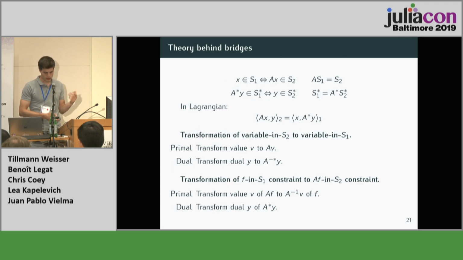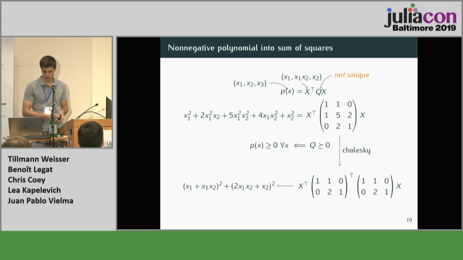Okay, so how do we define this? We'd like to define this sum of squares decomposition. Basically, we want to know if some polynomial is a sum of squares, but instead we create this Q matrix and ask a PSD solver to check that this Q matrix is PSD.